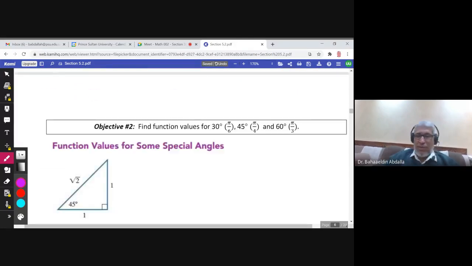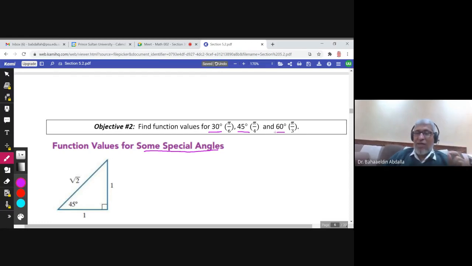Now, objective 2. Let us continue with the definition and find the function values for some special angles. If you have seen the previous section, you must know that our special angles are 30 degrees, which is pi over 6, 45 degrees, which is pi over 4, and 60 degrees, which is pi over 3.